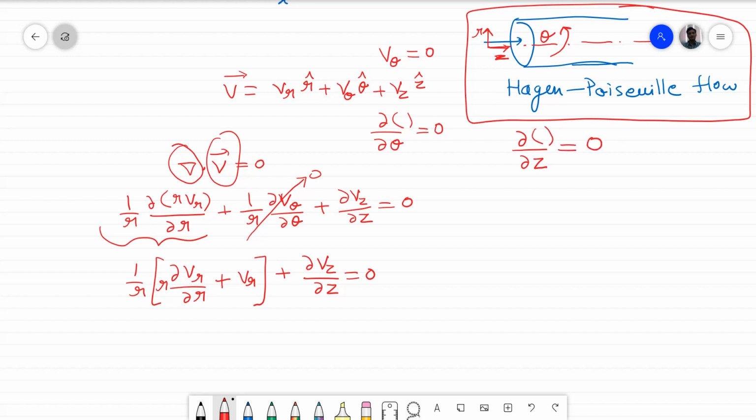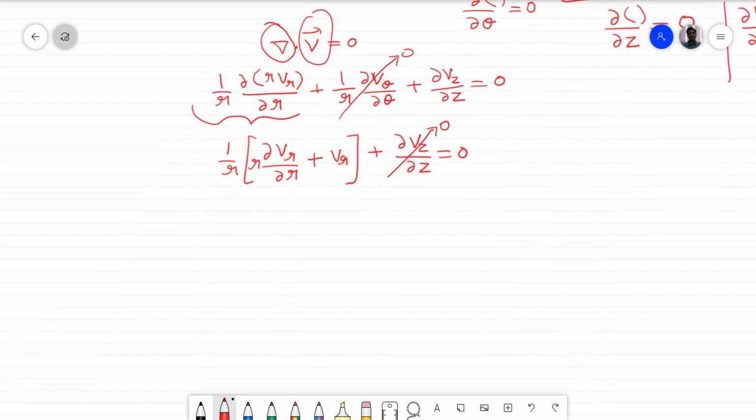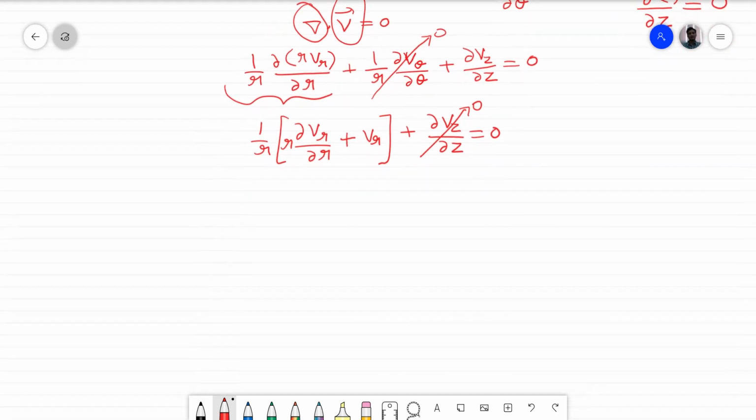Except for pressure, and dou P by dou z is finite. So velocity does not change with z, therefore this goes to 0 from the assumption of fully developed flow. Now let's see what we get from here.